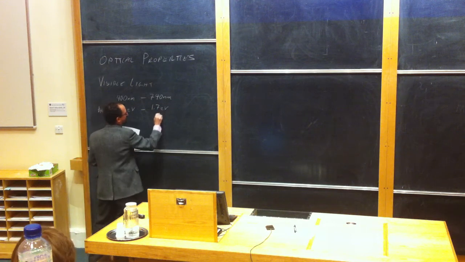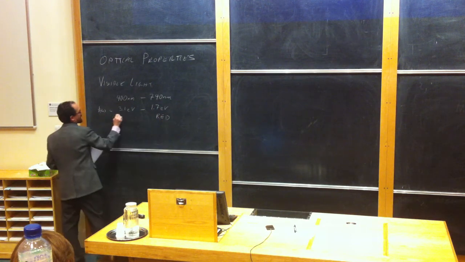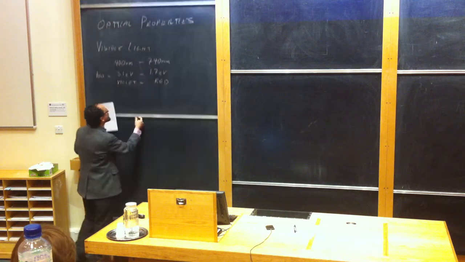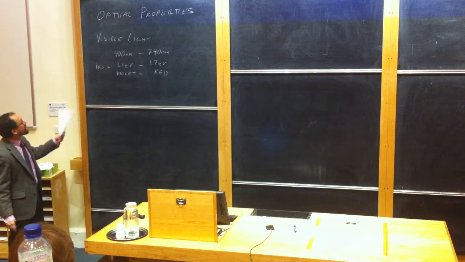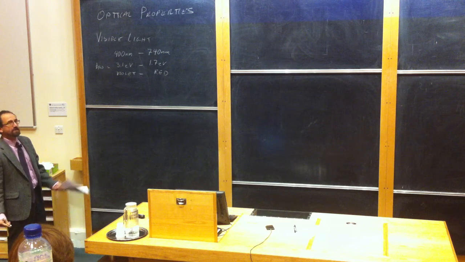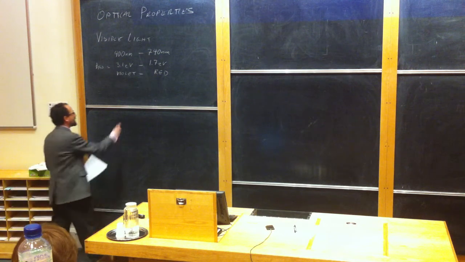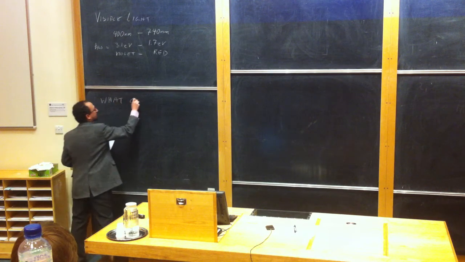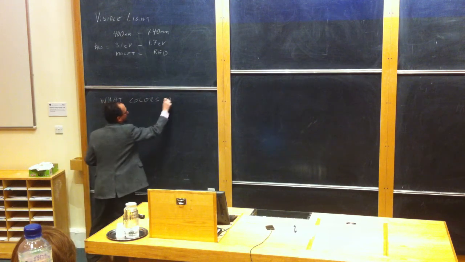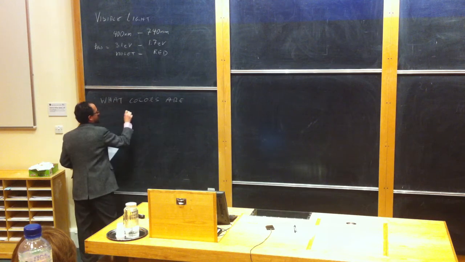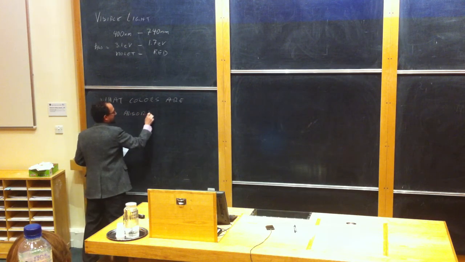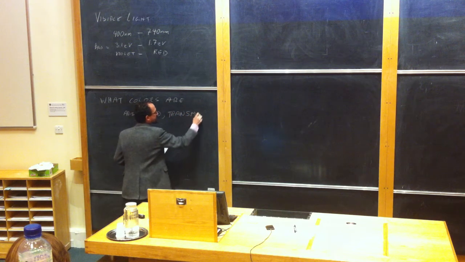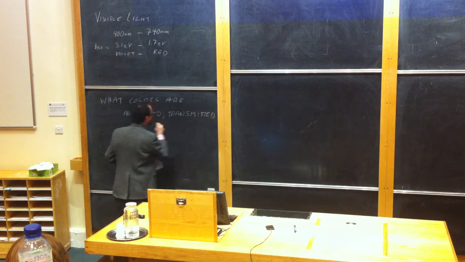So this is the red end over here, and this is the violet end over here. Now, when we talk about optical properties of a material, what we're actually asking is what colors are absorbed, transmitted, or reflected.